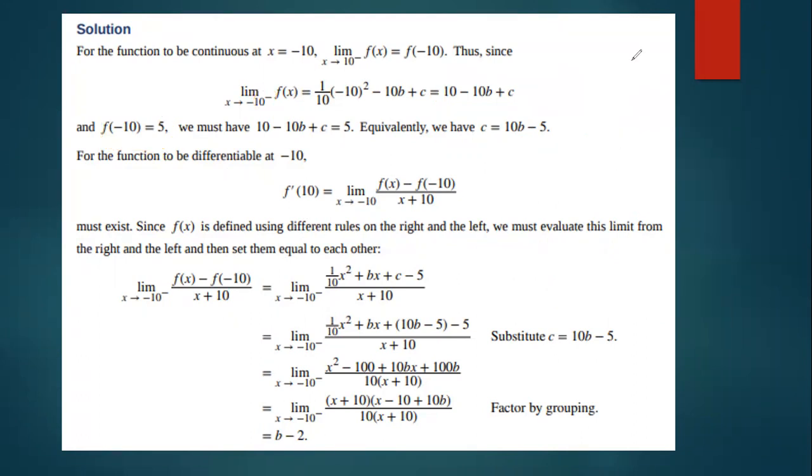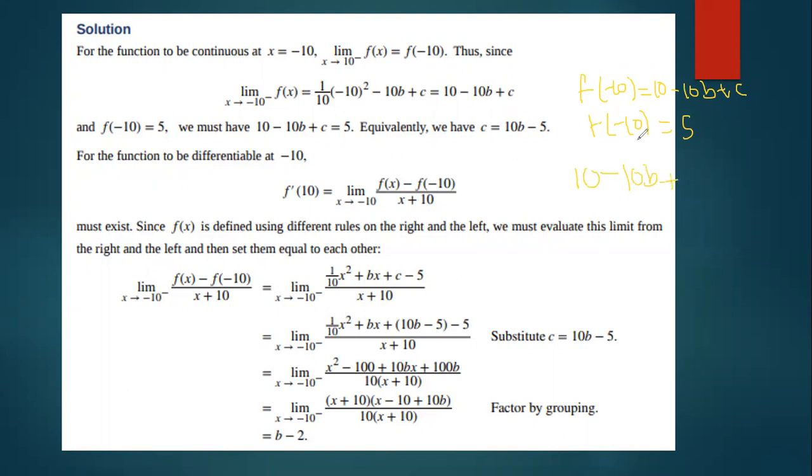Now, f of minus 10, applying the first condition, equals 10 minus 10b plus c, and f of minus 10 equals 5 from the second equation. Now comparing left hand side and right hand side, it will be written as 10 minus 10b plus c equals 5.